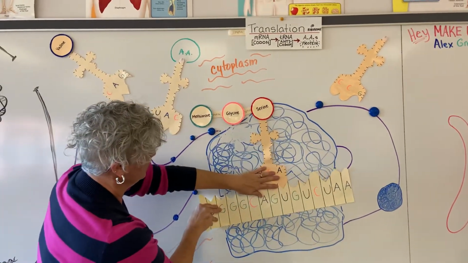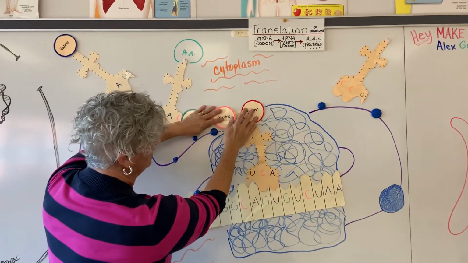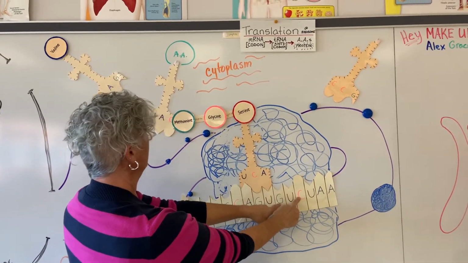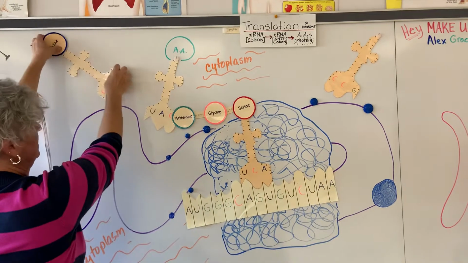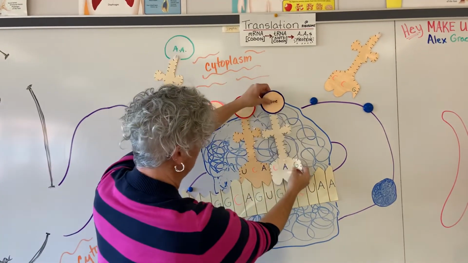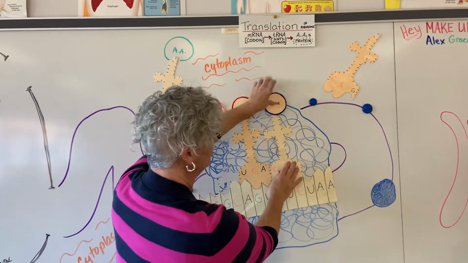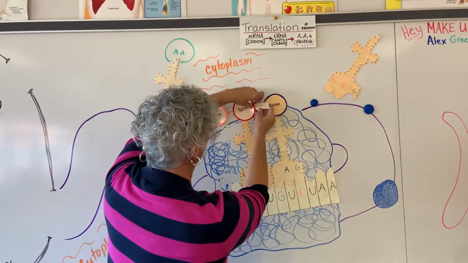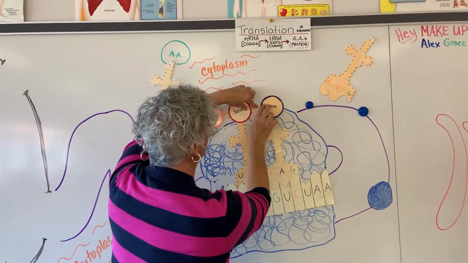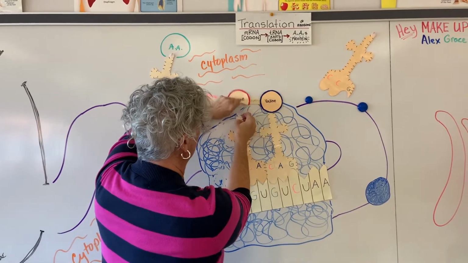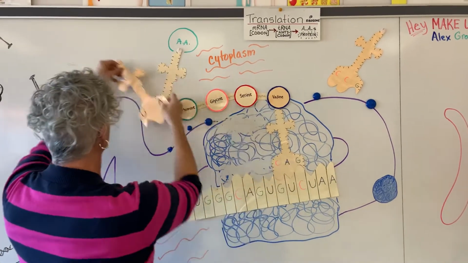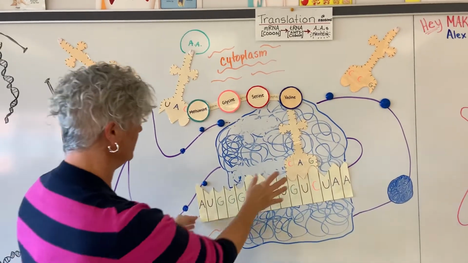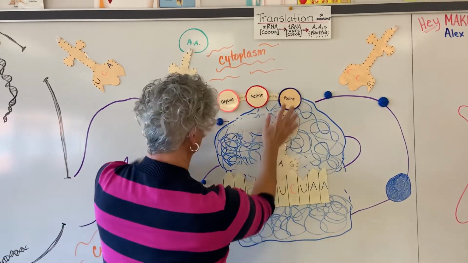This whole thing shifts into the ribosome. The next codon will be read, GUC. The anticodon CAG will lock into place. A peptide bond will form between the two amino acids. The tRNA molecule will release, go off to the cytoplasm, find another amino acid to bond to. This whole thing shifts in a little bit.